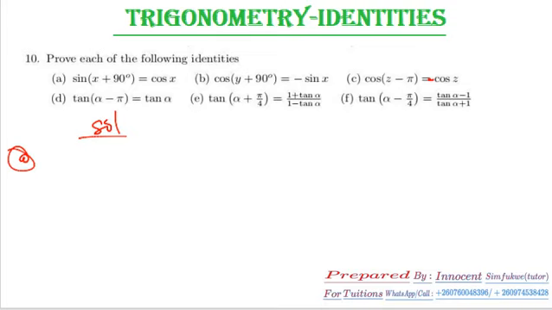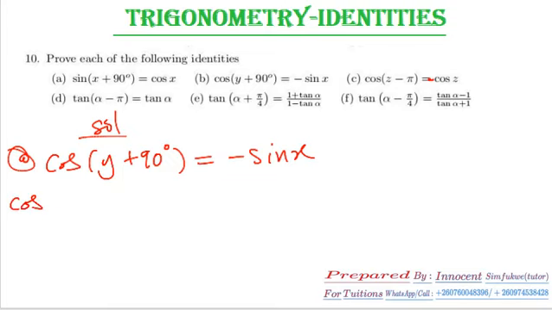So now let's go to B. B is cos of (y plus 90 degrees) is equal to negative sine y. So we're trying to prove that the left hand side is equivalent to the right hand side. This is the sum identity for cos. I'm sure you're able to remember this.